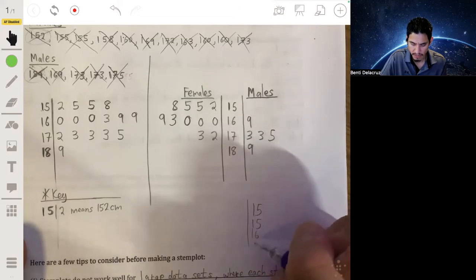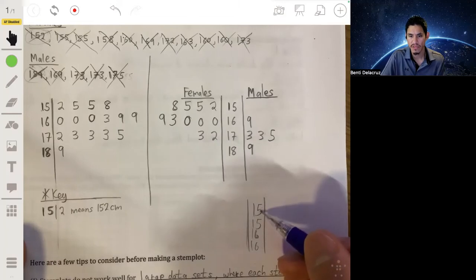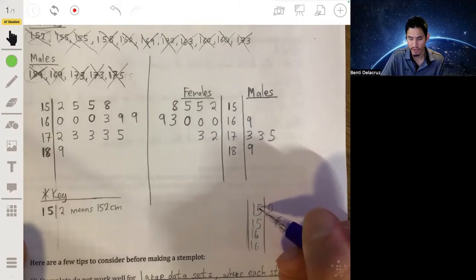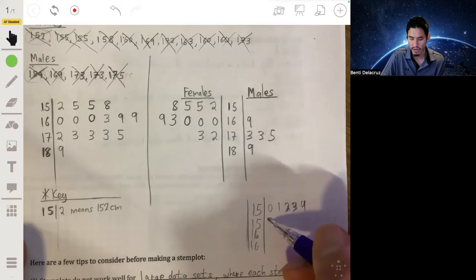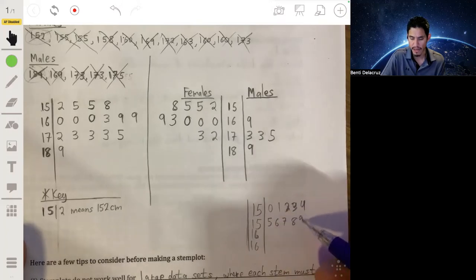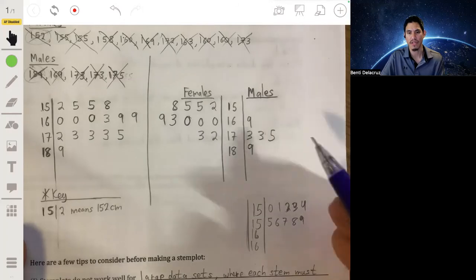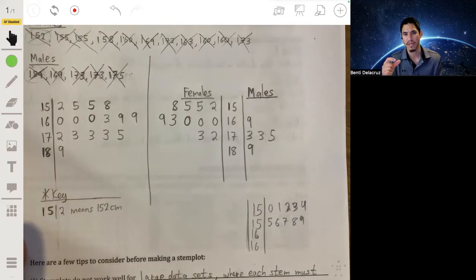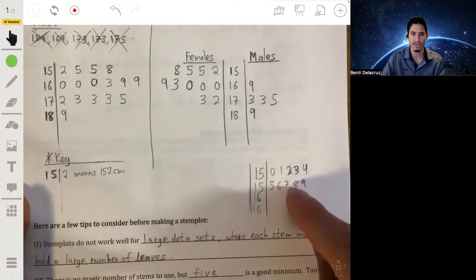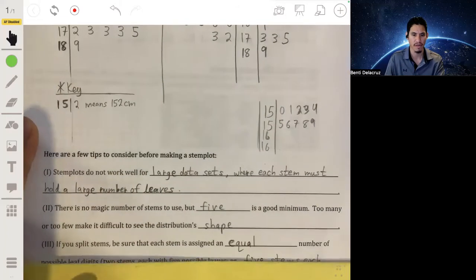If I split my stem something like this, this first one would only hold the digits 0, 1, 2, 3, 4. And this next one will hold 5, 6, 7, 8, 9. So we can break the groups up into subgroups within each stem, so you can better see how the data is distributed. When you split them, just make sure they each have an equal number of digits.